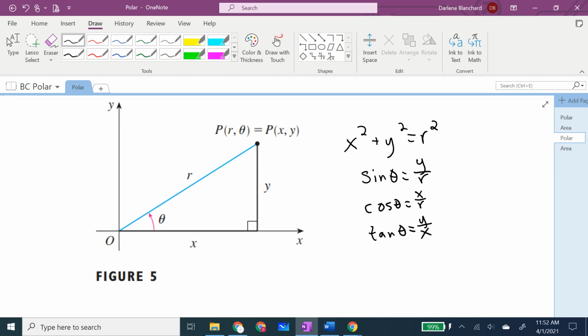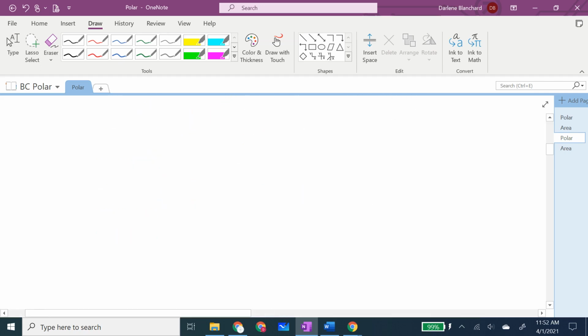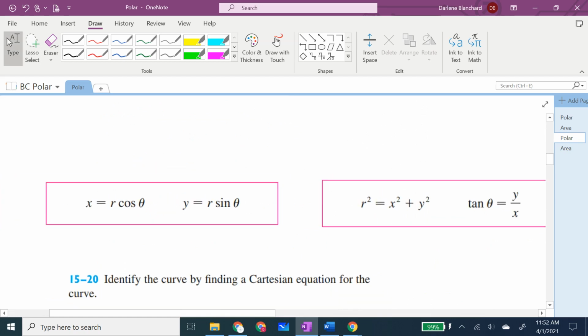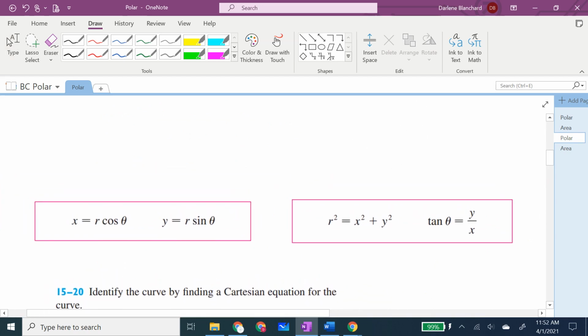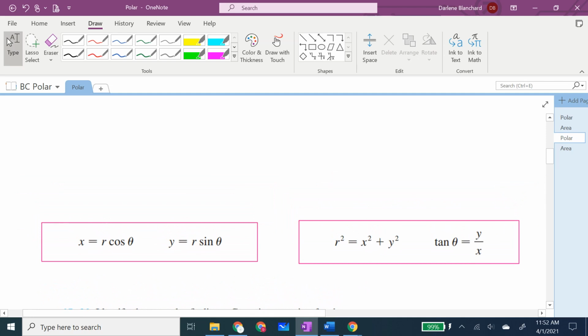Now, one thing I want to point out to you is, if I multiply the r over to the other side with the x and the y, then I wind up with 4 equations where for each equation, one side has Cartesian x's and y's, the other side has r's and thetas for the polar world. And there they are, the official 4 formulas you're expected to know.